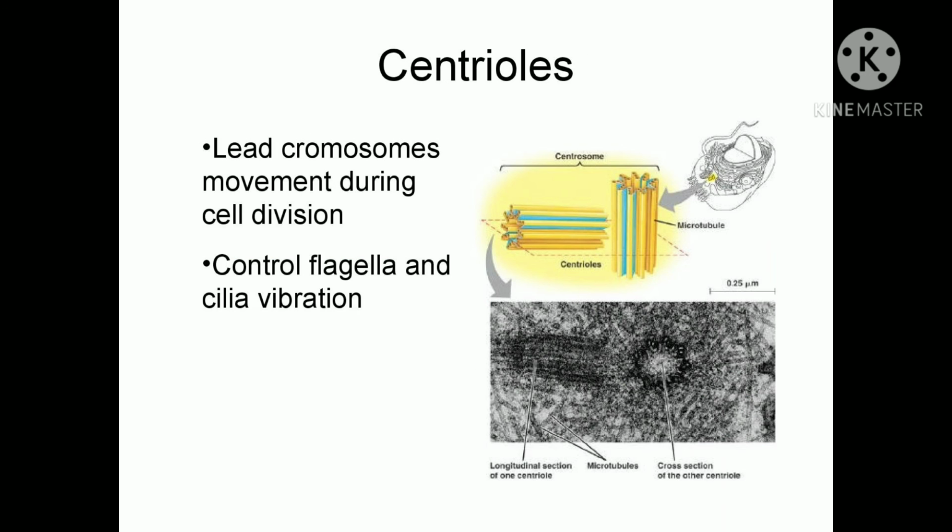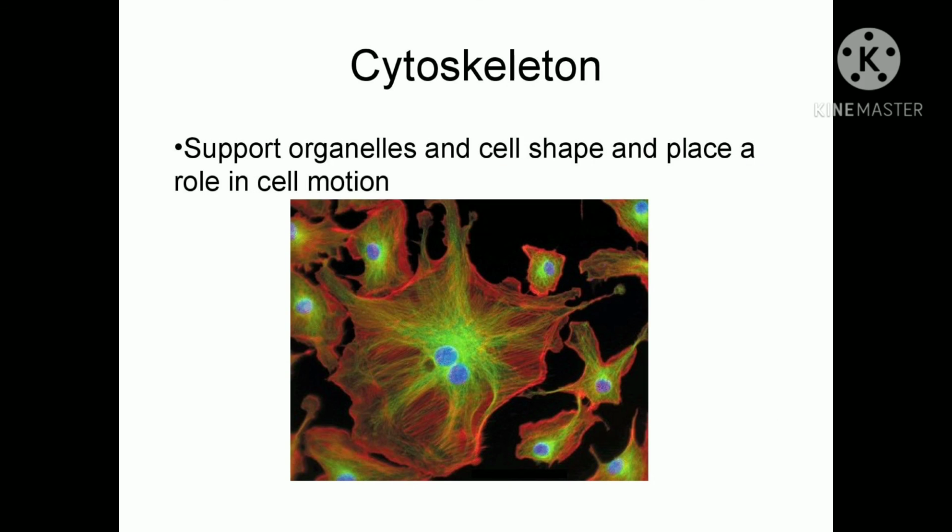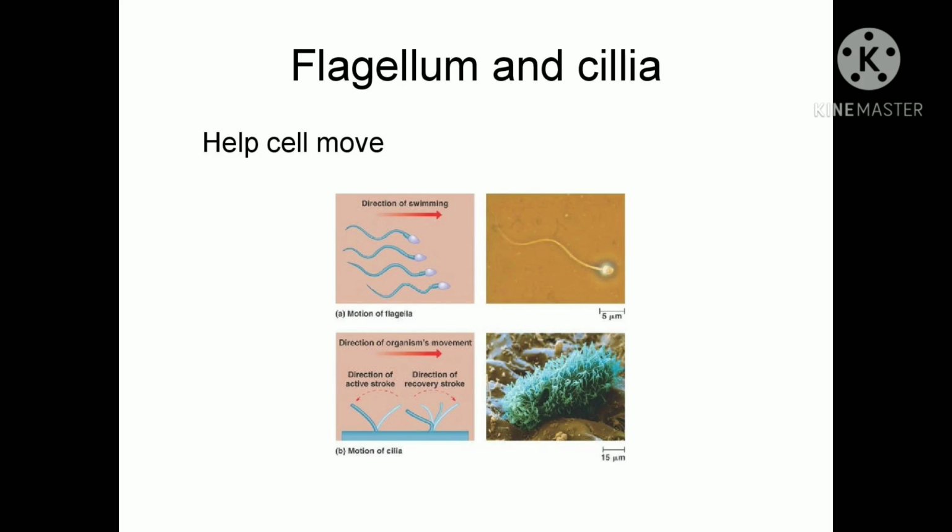Now we see what centrioles are. They lead chromosome movement during cell division, and they control flagella and cilia vibrations. Next is the cytoskeleton. It supports the organelles and cell shape and plays a role in cell motion. Flagellum and cilia help the cell to move. So movement of the cell is done through these.